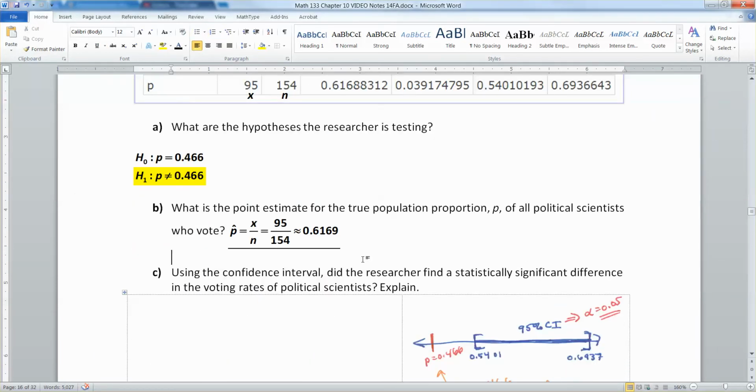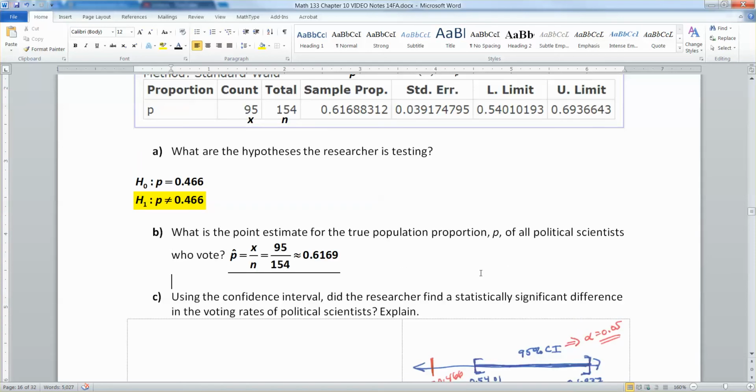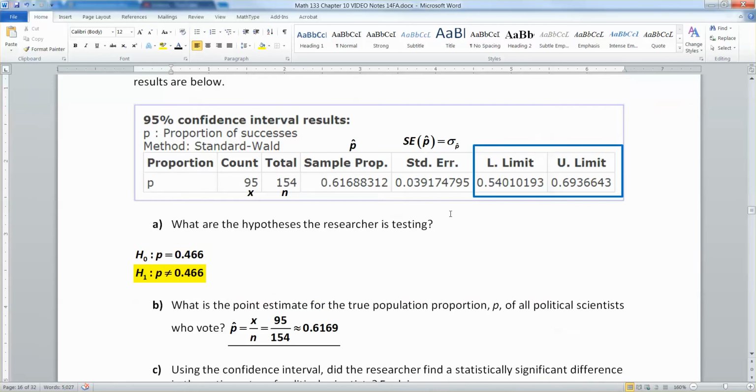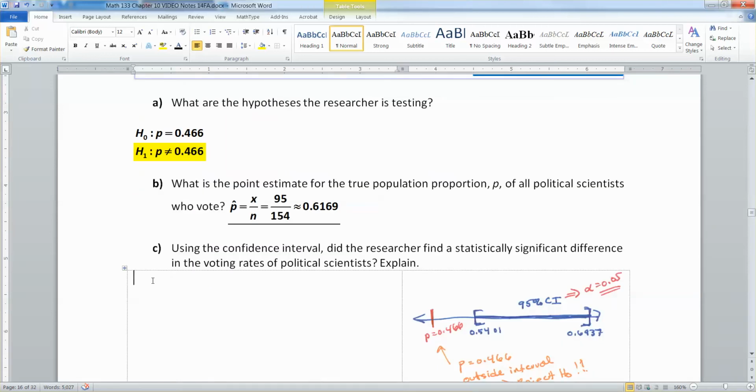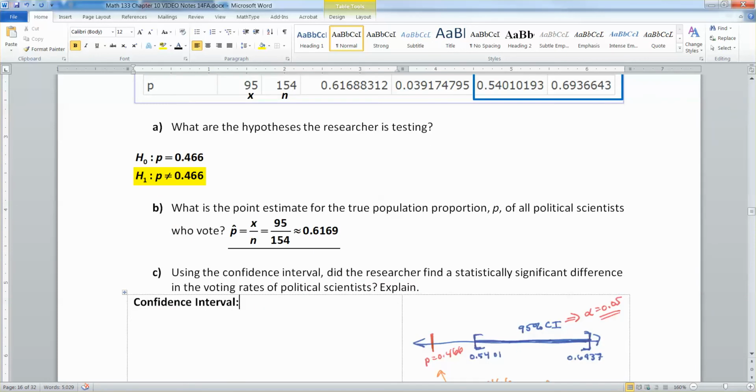All right, we've got that. Now, using that confidence interval, did the researcher find a statistically significant difference in the voting rates of political scientists? Explain. All right, so I highlighted up here the confidence interval. So let me just write that down. So the confidence interval is from 0.5401 to 0.6937.